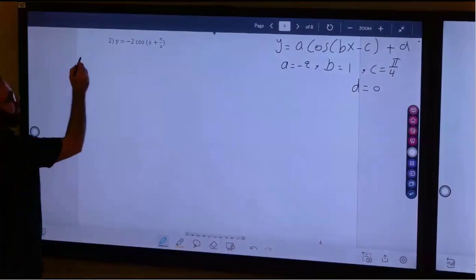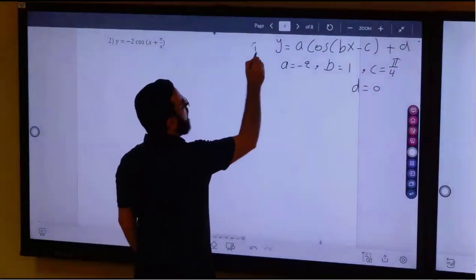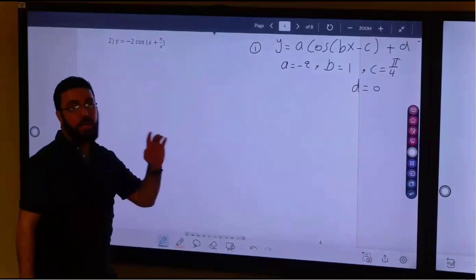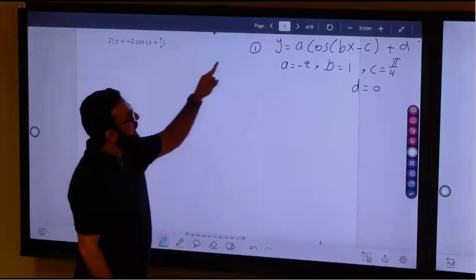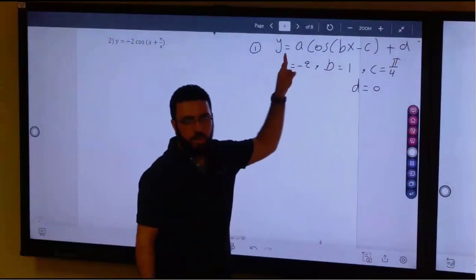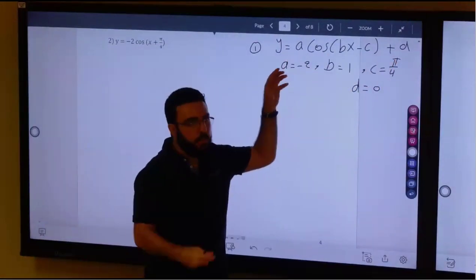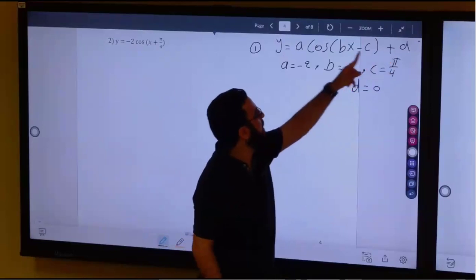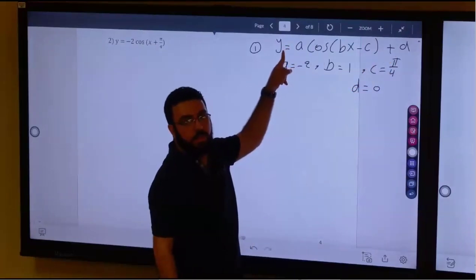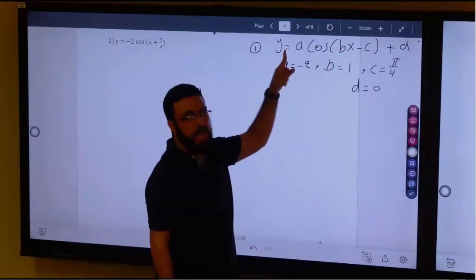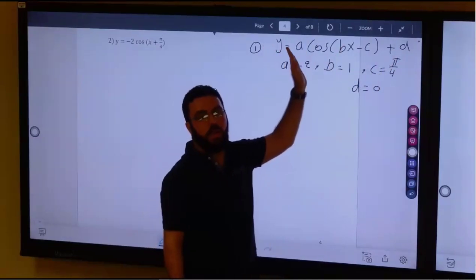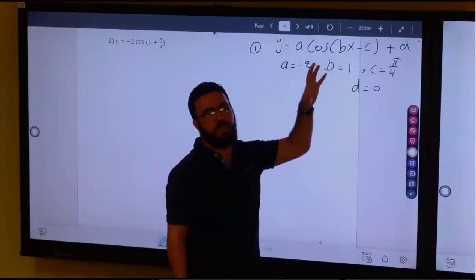Now, this is step 1. You have to make sure the function is written in this general form. And if it's not, you have to move terms. Sometimes they put the D in front, so you have to simplify it. It's not gonna be that much harder.